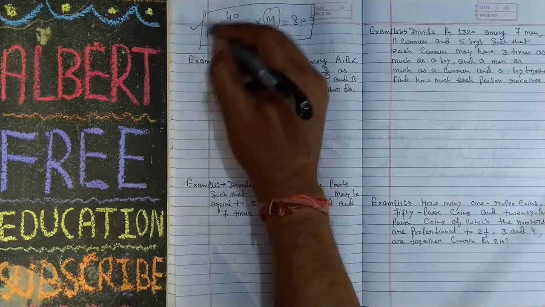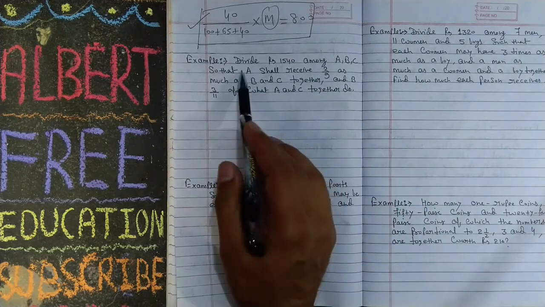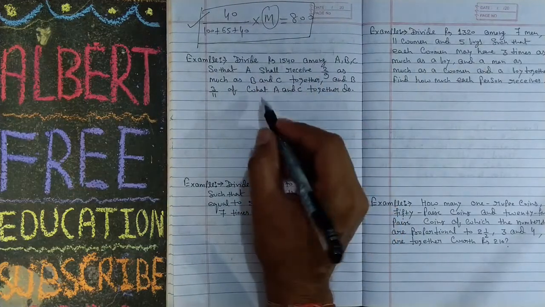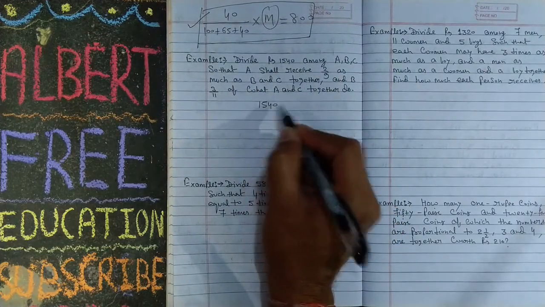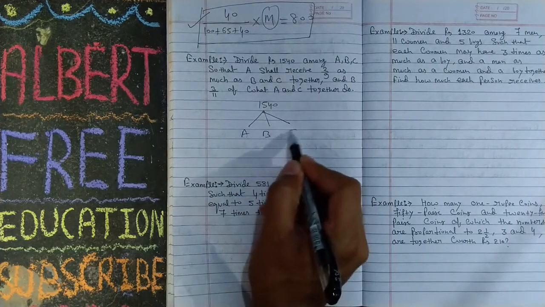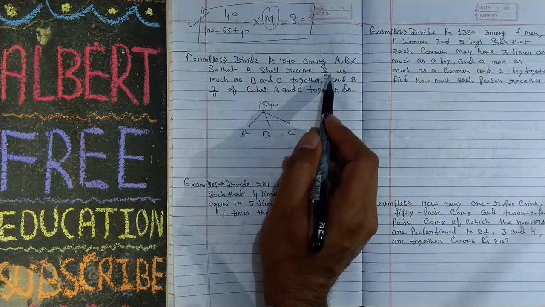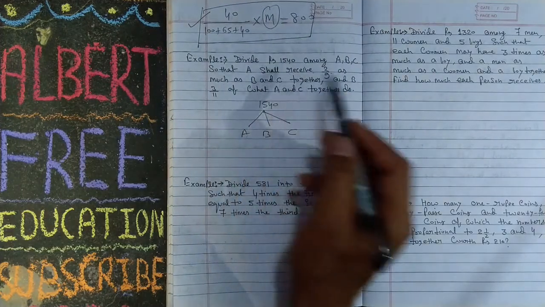Now you can solve it. This is your task; I have to give only the logic and the method. Now in this question, divide 1540 rupees among 3 persons A, B and C. A shall receive 2 upon 9 as much as B and C together.